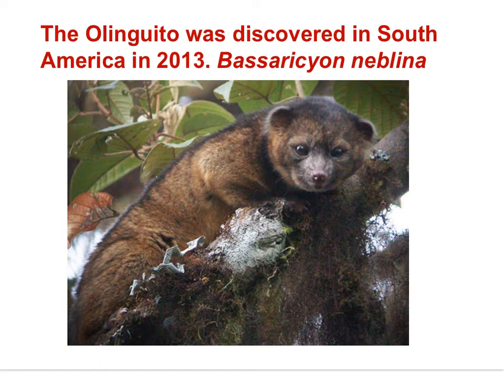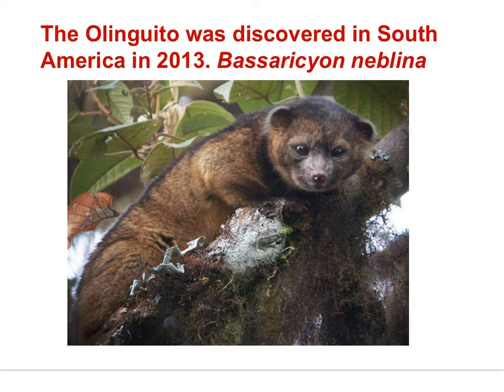The value of using the binomial nomenclature is that it provides specificity that avoids the confusion of common names like Olinguito. The same common name can often be used for many different species, like the word daisy or chimpanzee or grass. Each species has only one scientific name in the binomial system.